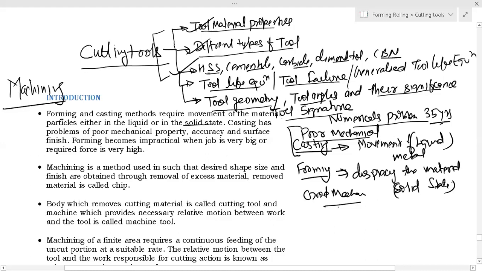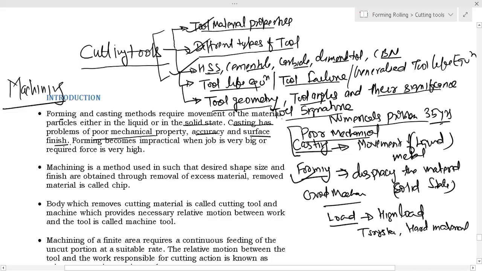but the problem with that is the load. You require a very high amount of load to deform. Suppose you cannot use tungsten, or any very hard material, with this forming process. So casting has problems of poor mechanical property, accuracy, and surface finish.